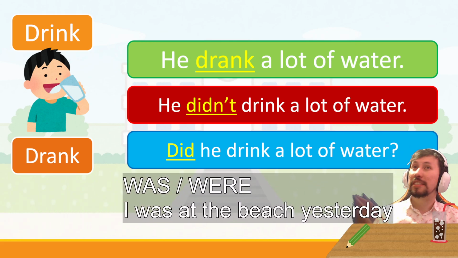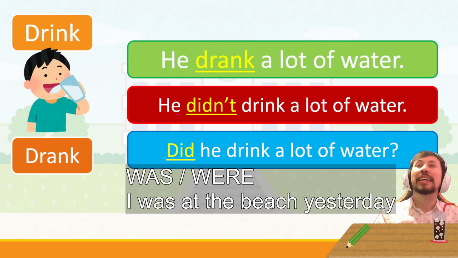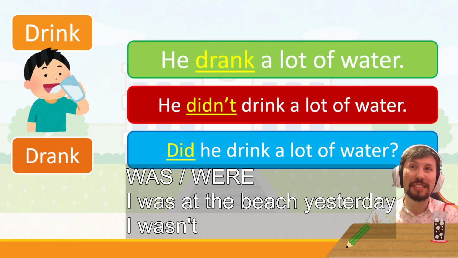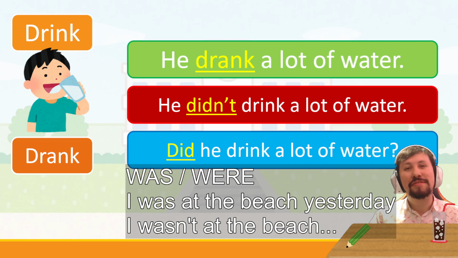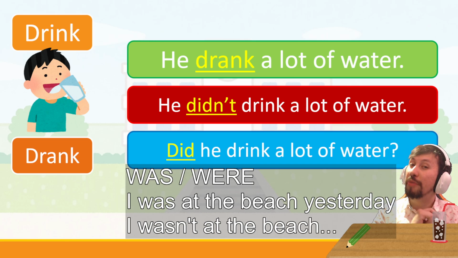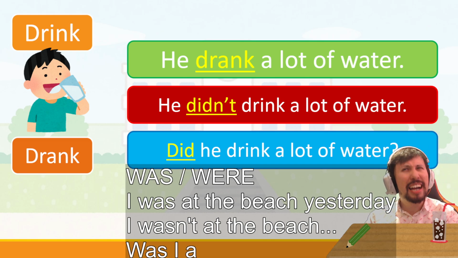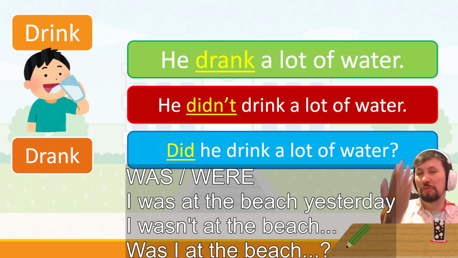Alright, that is affirmative. Then for negative, we don't use didn't. No, we're going to use wasn't. I wasn't at the beach yesterday. Yes. And for questions, you move them around. Was I at the beach yesterday? Yes.